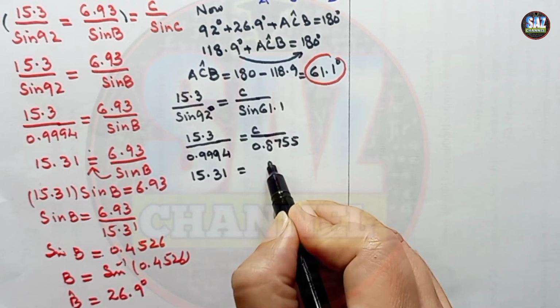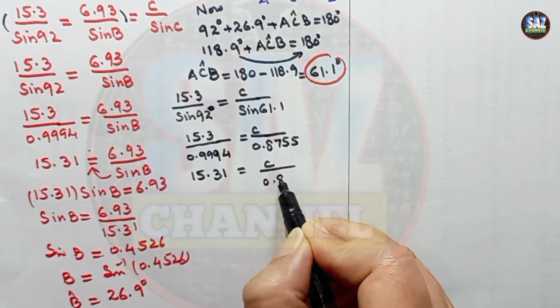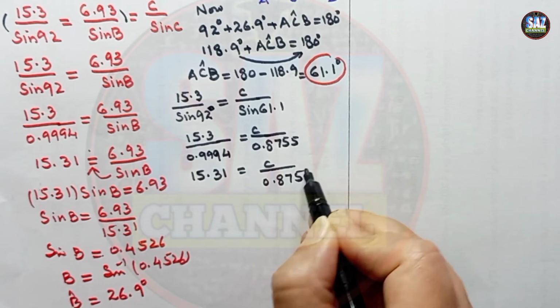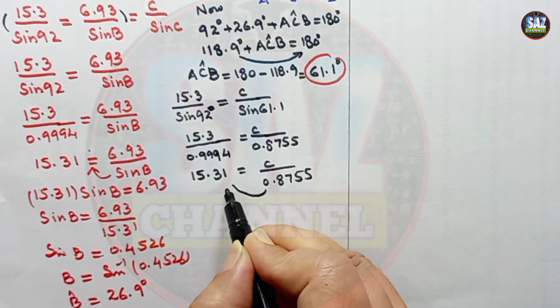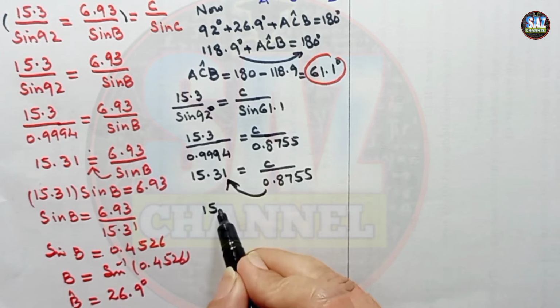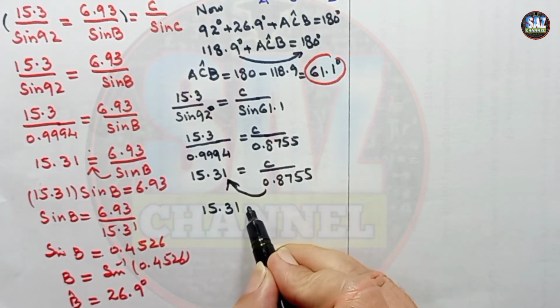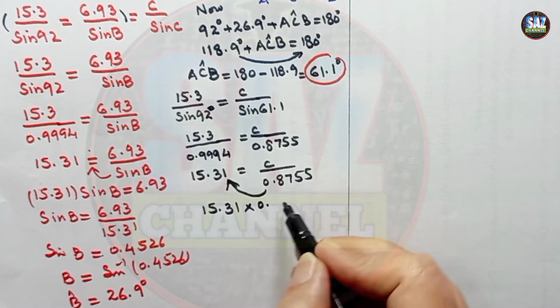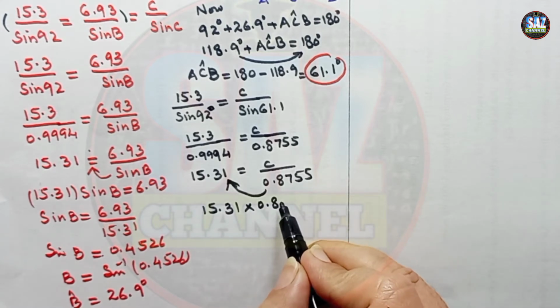15.31 equals C upon 0.8755. Now in order to get the value of C, we have to go for cross multiplication. Do not forget the basic rules of simplification and solution of simple linear equations.